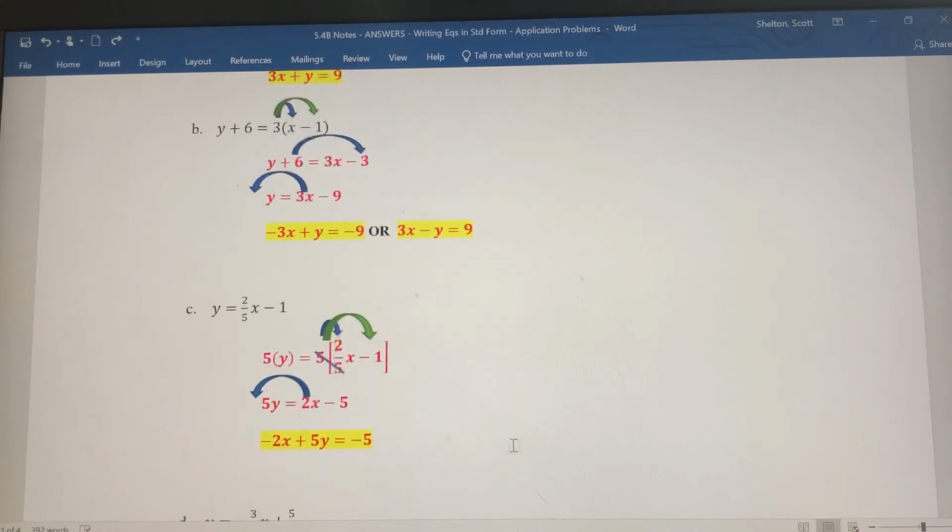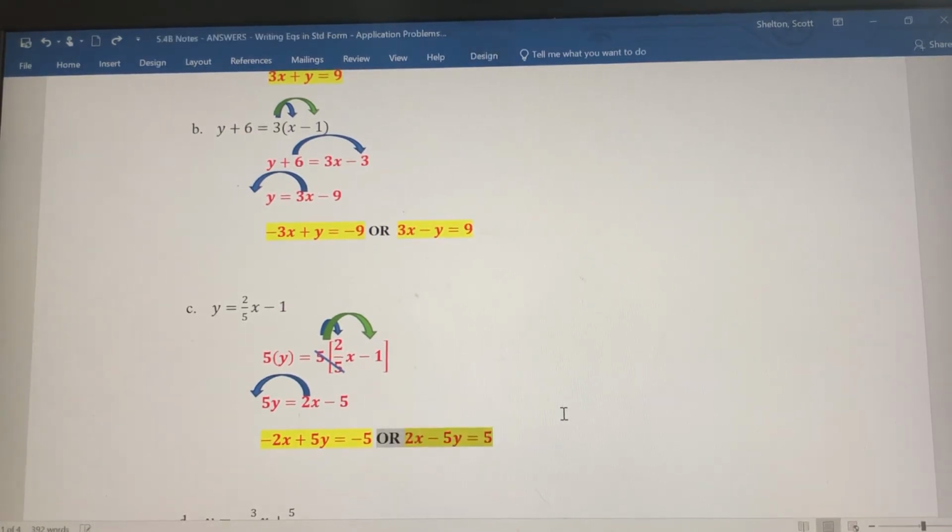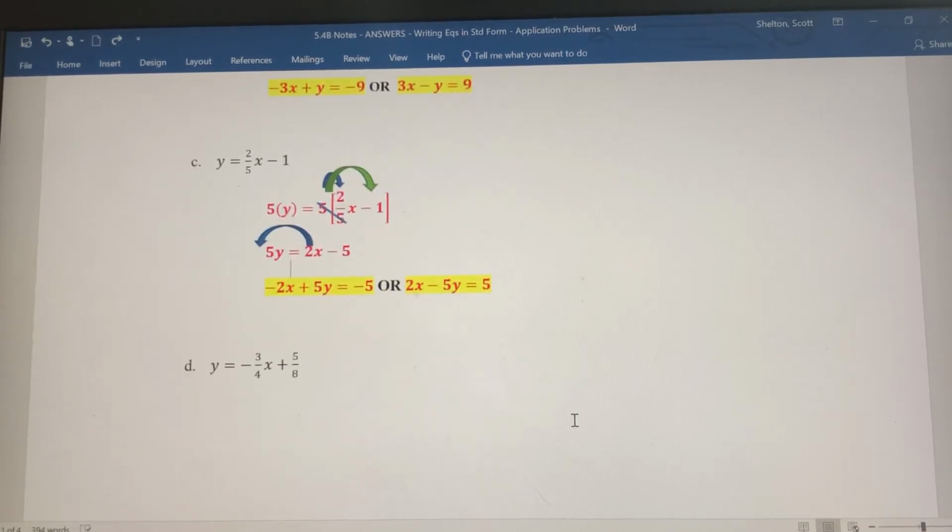So that gives me negative 2x plus 5y equals negative 5, okay? Just like up here, the a value is negative. If we want it to be positive, we can just multiply everything by negative 1. That's going to keep a balanced equation, and that would give us positive 2x minus 5y equals positive 5. Okay, again, just change all three of the signs. All right, let's move on to the last one here.